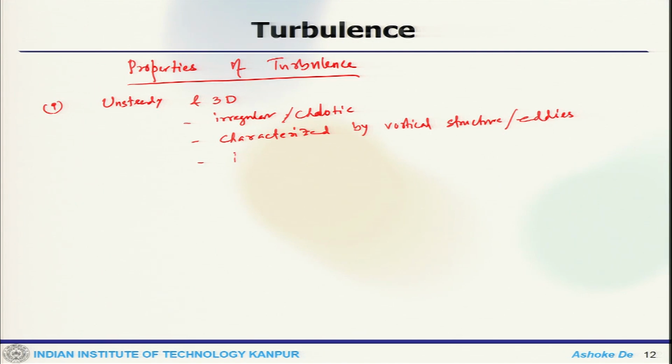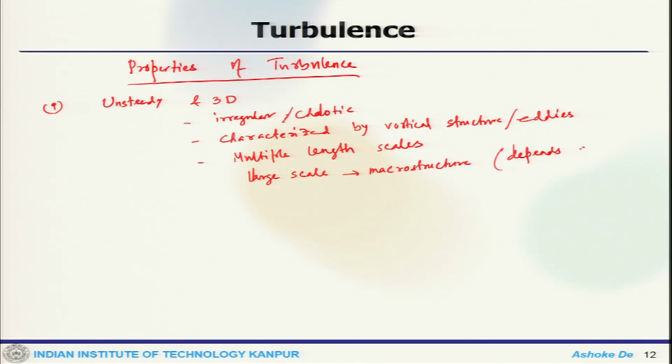You have multiple length scales. On one end you have large scale, which essentially we call macro structure, and that depends on flow geometry, and small scale, which one can say microstructure.